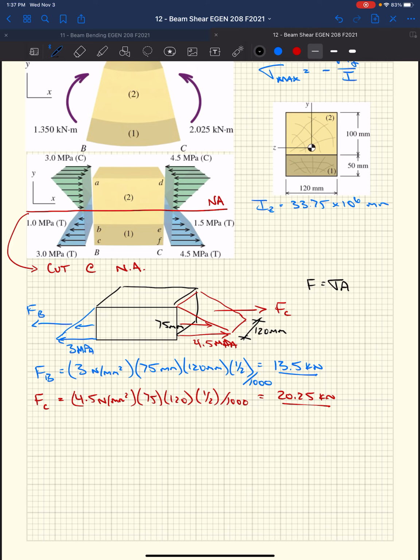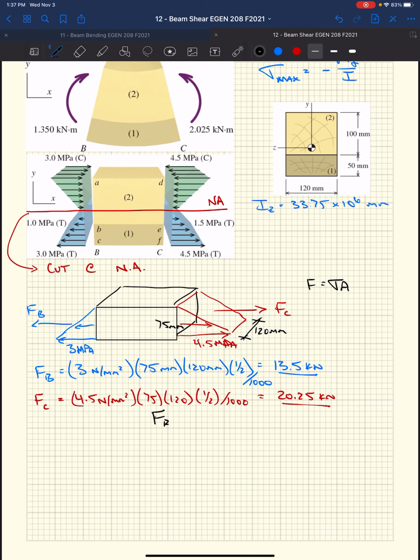As mentioned, we always have to maintain equilibrium when we cut out a cross section and draw a free body diagram. If these do not equilibrate, this thing's going to be moving in space. And in order to make sure that this beam's not moving in space, we must have equilibrium. So we have a difference between FB and FC.